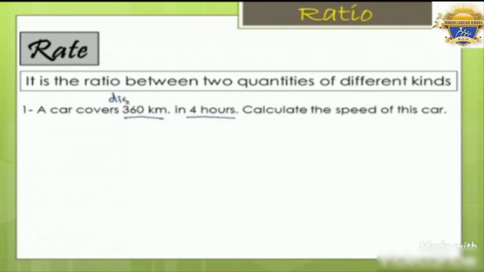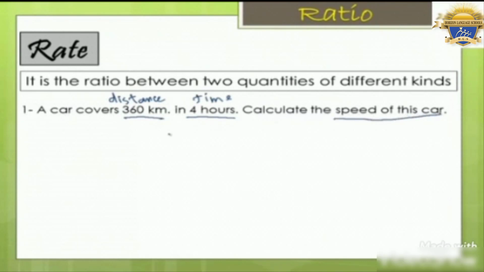We have here two different units, kilometers and hours. Kilometers measure distance, and hours measure time. When the distance changes, our time will change. Then the rate or the speed of this car, we will divide.